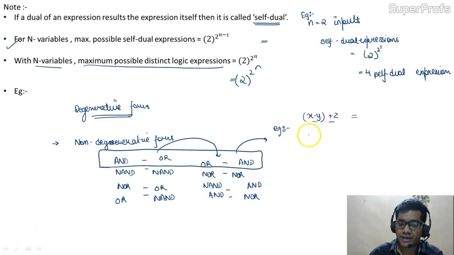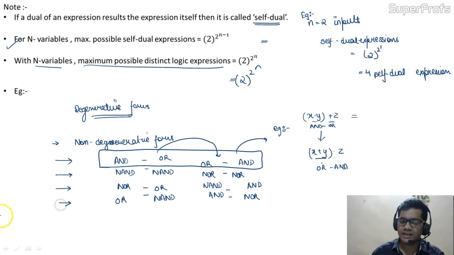If we want to make it dual, we just change the operator. That would result in x plus y dot z. So it resulted in an OR AND form. This was the AND OR form, and this resulted in an OR AND form. So by looking row wise, we get the dual forms of each other.